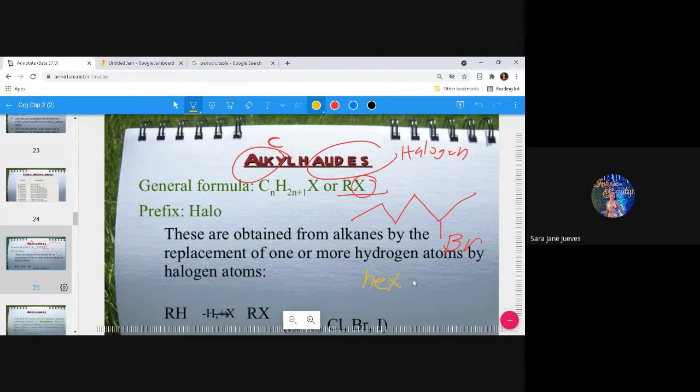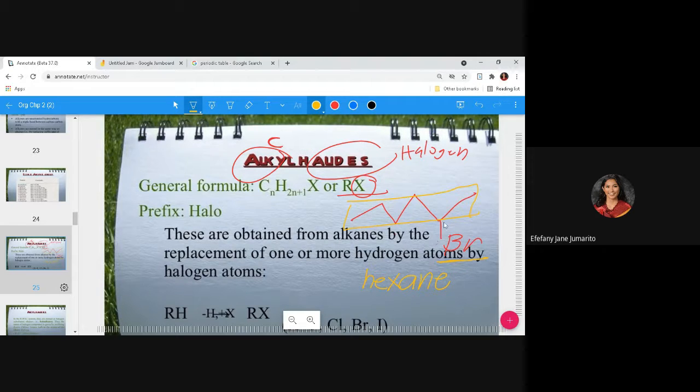Then the type of chain, ane. And then we have our prefix. Because class, our halides are a functional group, and we put its name before our parent chain. So we name this hexane as the parent chain. So hexane. Then what about our substituent?